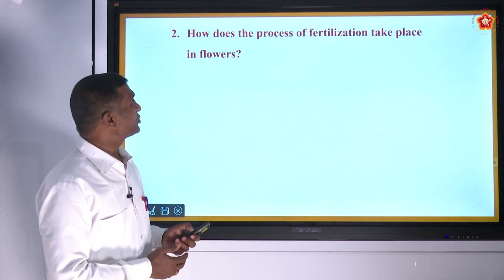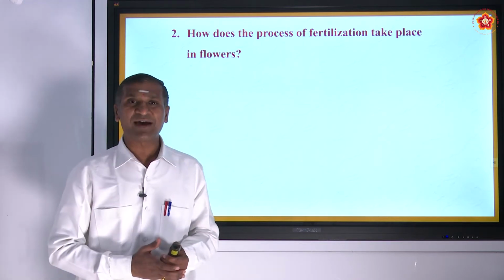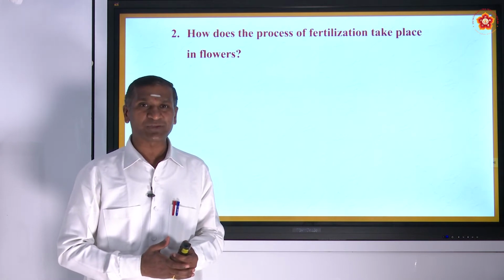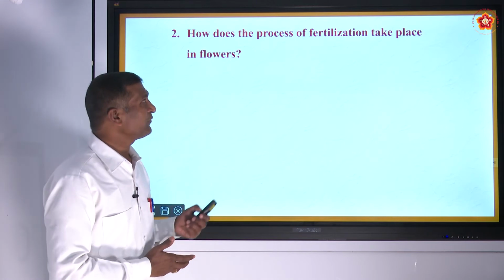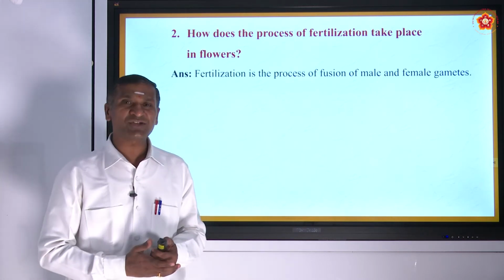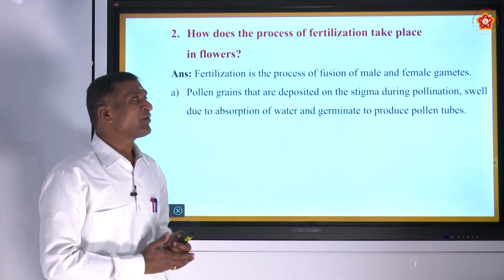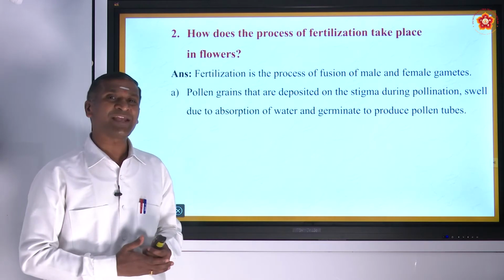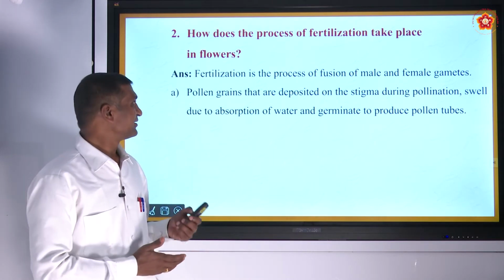The second question, how does the process of fertilization take place in flowers? A very important question from the exam point of view, where you have to first write the definition. Fertilization is the process of fusion of male and female gametes to form the zygote.